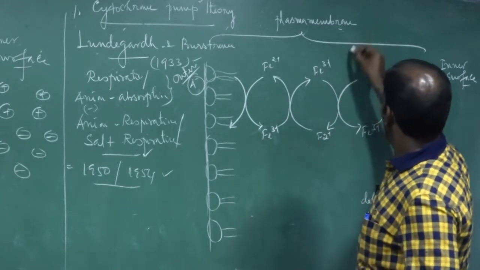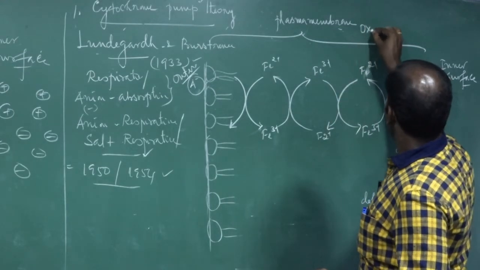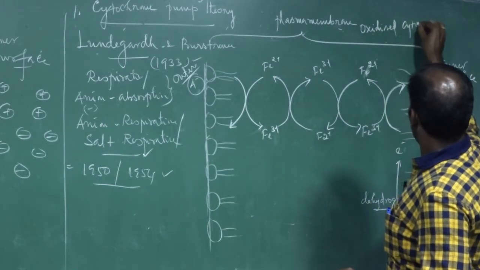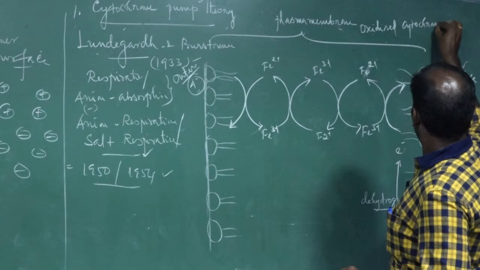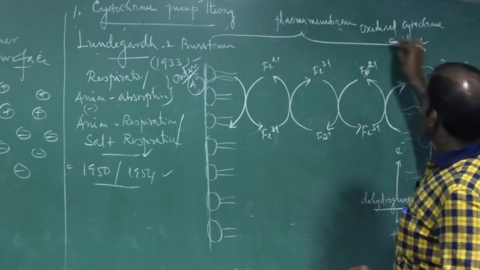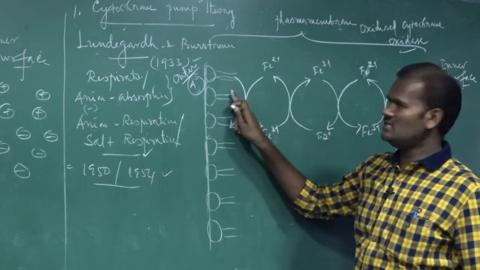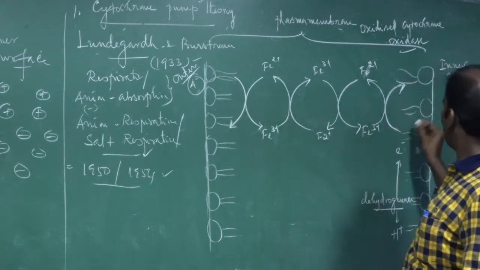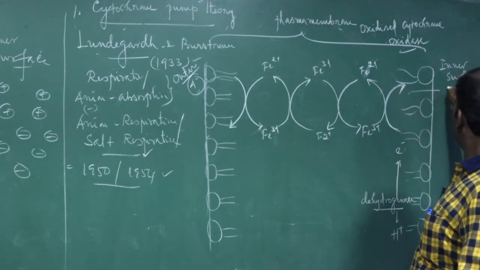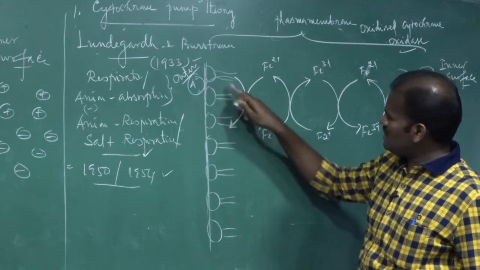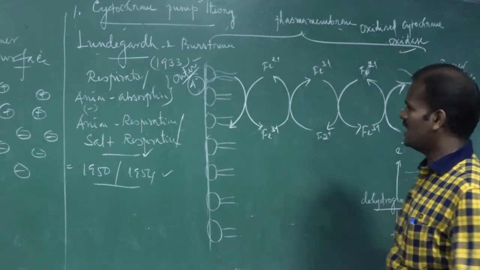The cytochrome oxidase enzyme picks up the anions as the electrons are transported to the outside.